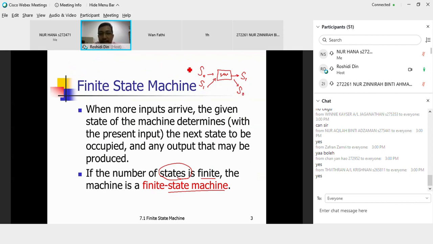So we can see there are 4 conditions: S0 to S1, S1 to S0. It may be S0 and the output is S0, or we give S1 and the output will be S1. So the output has 4 conditions: 1, 2, 3, 4.